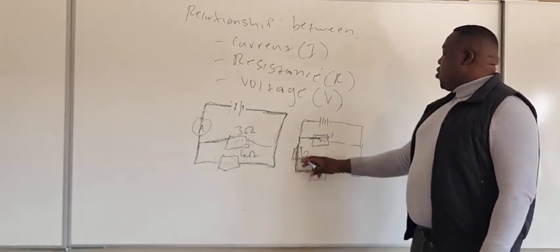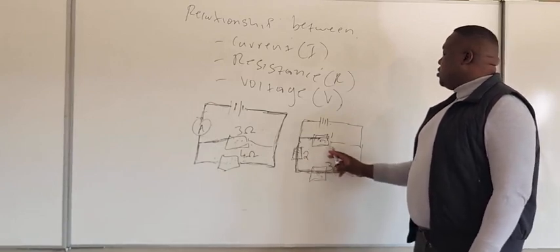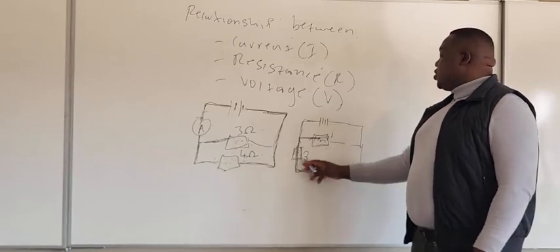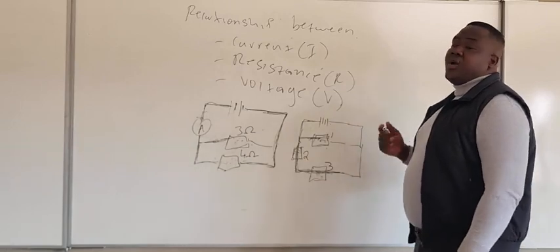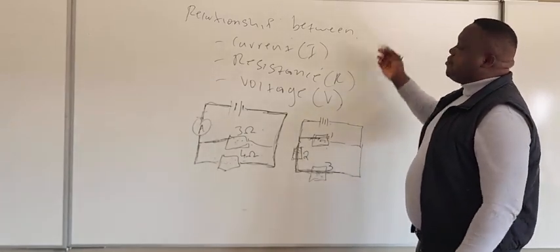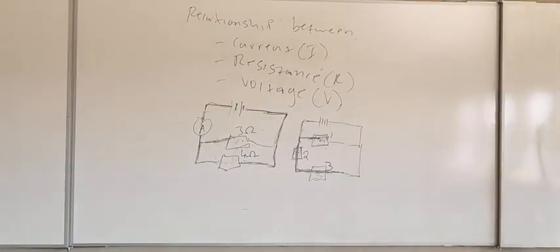So we say that 1 is parallel with 2 and 3. Then 2 and 3 are in series together. It is one of the things that you must be cleared on.